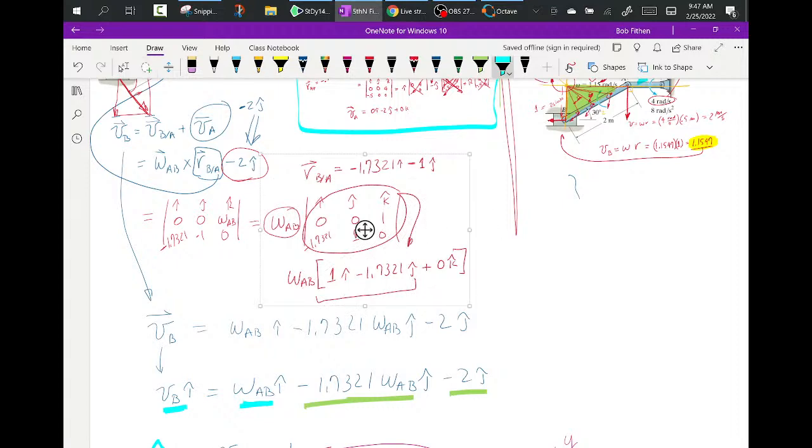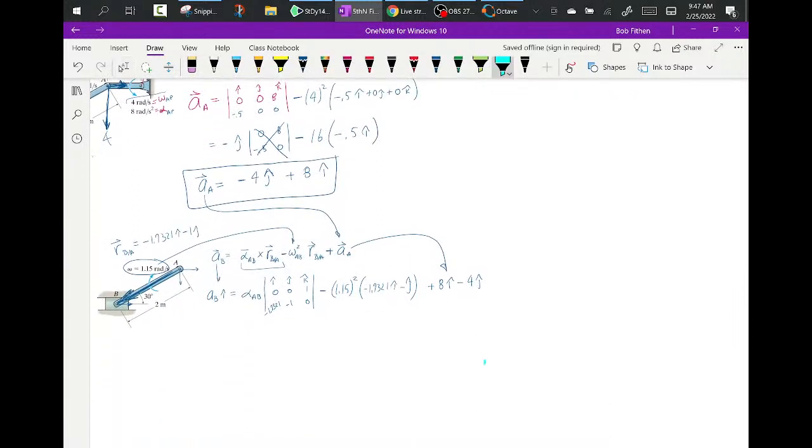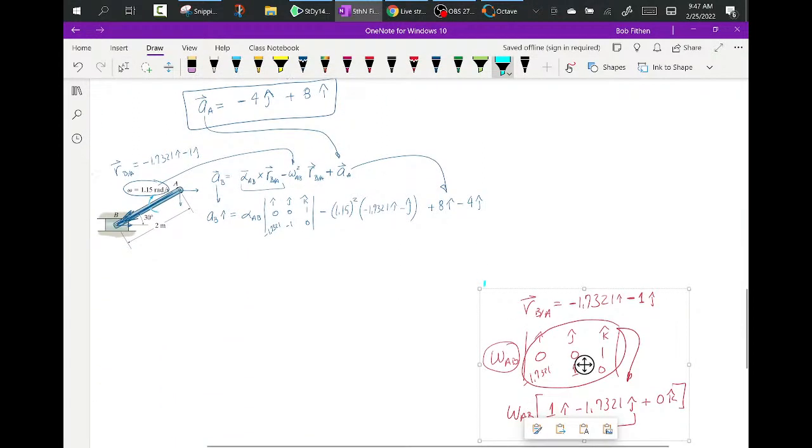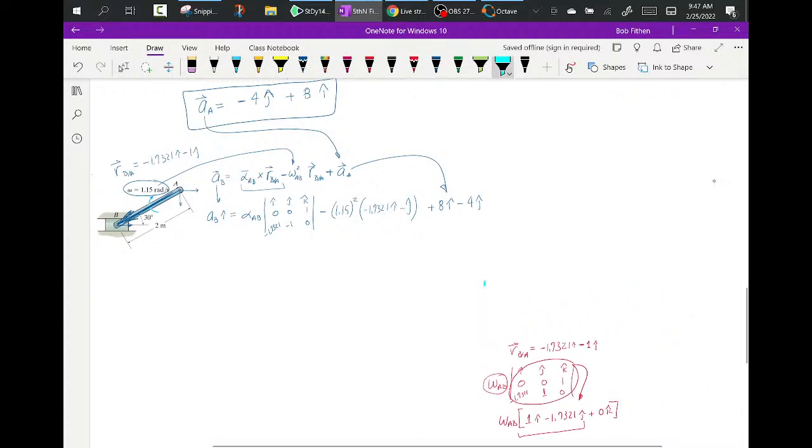I'm going to delete it in a minute, but I'm just going to copy it right over here to the right, just so I can inspect it. It's a little big, so I'm going to shrink it.